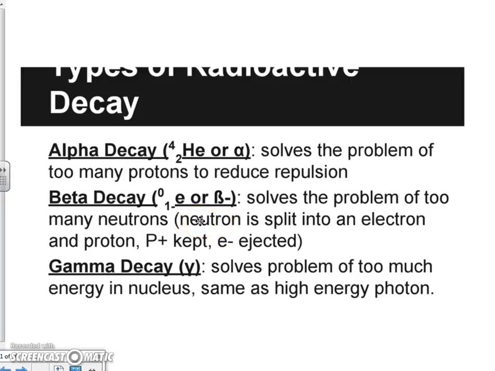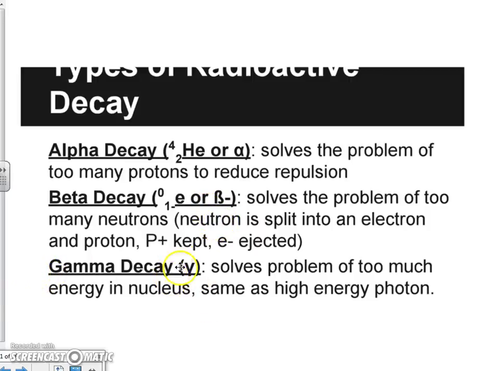The easiest way to think about it is this ends up adding a proton because of this -1 down here. But really what's happening in terms of the physics, the chemistry behind it, is a neutron is actually split into an electron and a proton. Crazy to think about, but that is what's happening. The proton ends up being kept, the electron is ejected, plus we lost that neutron in the split.